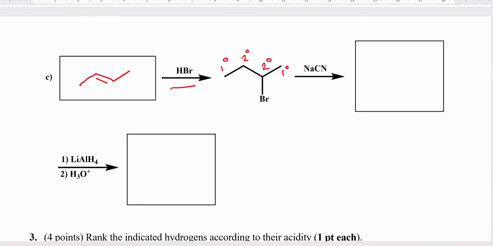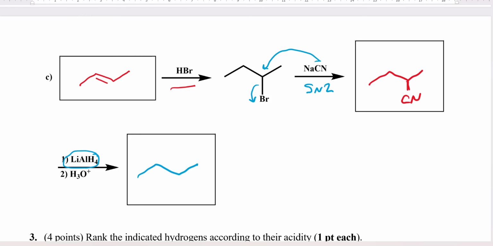The next step, again, we have an SN2 reaction. Cyanide can kick this bromine out. Then we are going to have this compound. Then when we have cyanide with lithium aluminum hydride, the CN group converts to CH2NH2.